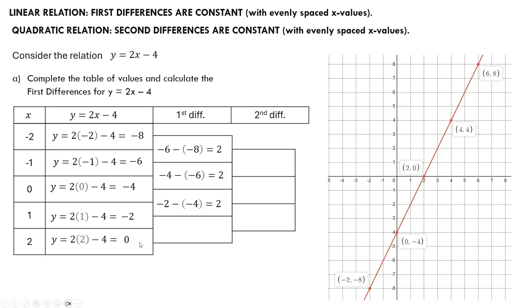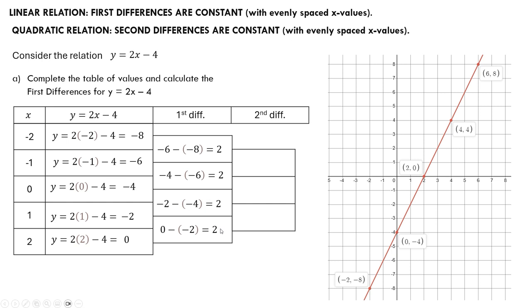And finally, the difference between these two y values, 0 minus -2, also gives us an answer of 2. So the differences between these y values are all 2. So we say that the first difference is 2 in each case.